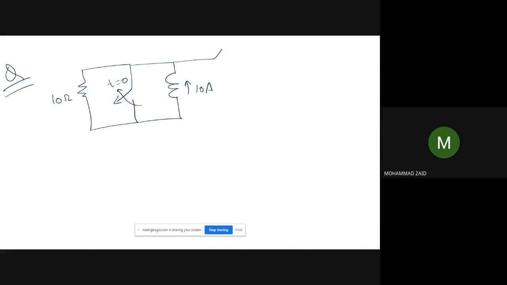And there is another switch which is closed at t is equal to 0. And we have a 10 ohm resistance and a capacitor that is having initial voltage of 10 volt.